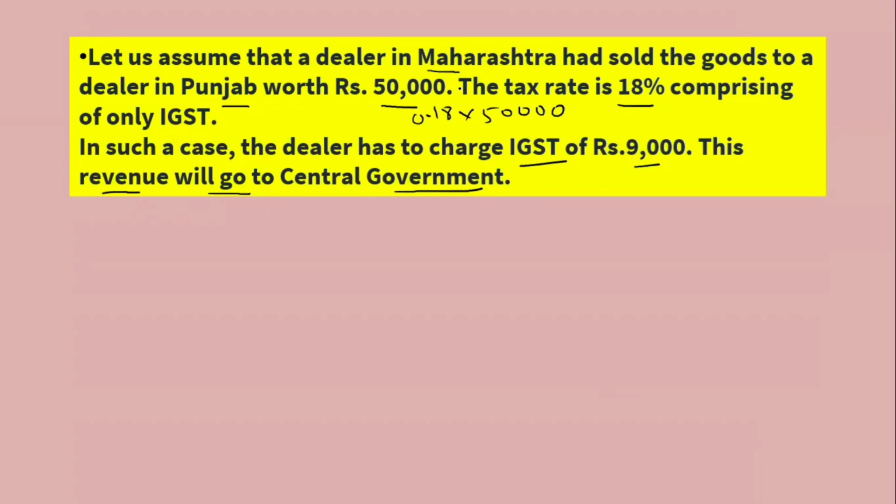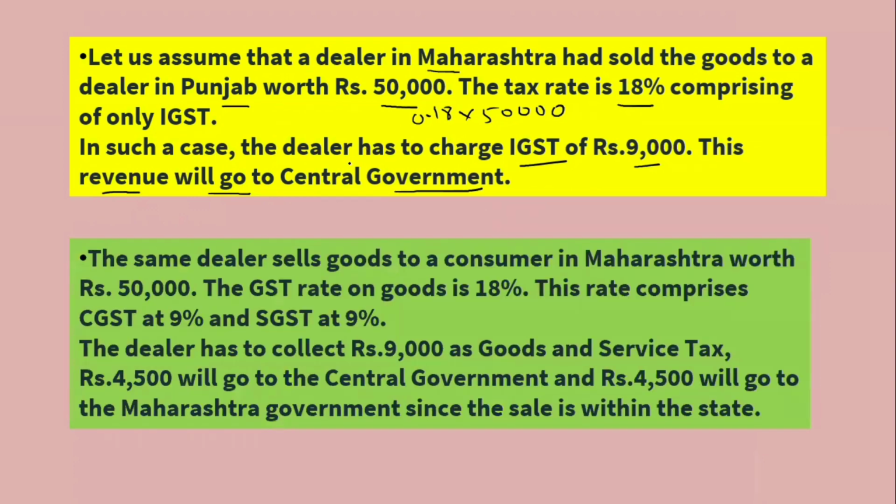When the dealer in Maharashtra sells some goods to the dealer in Punjab, that is IGST. Now the same dealer sells goods to a consumer in Maharashtra, within the state, worth rupees 50,000. The GST rate on goods is 18%. Now this rate comprises CGST at 9% and SGST at 9%.